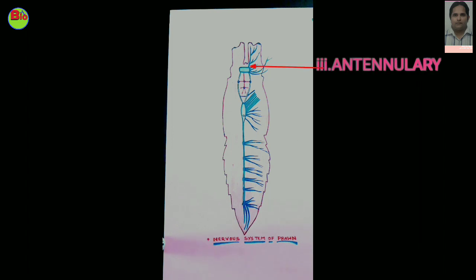Third, antennulary nerves. These nerves leave the brain anteroventrally.